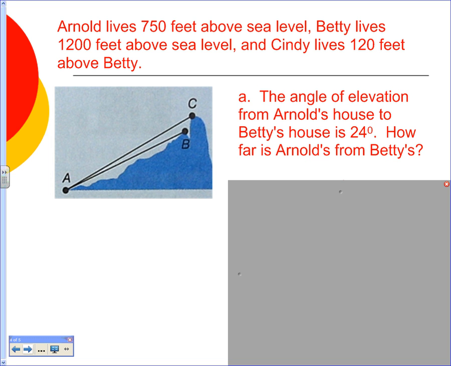What would you do for this one? Using this triangle, right? What is your angle? What are we looking for? The hypotenuse. And what do they give us? They give you this, which is what?